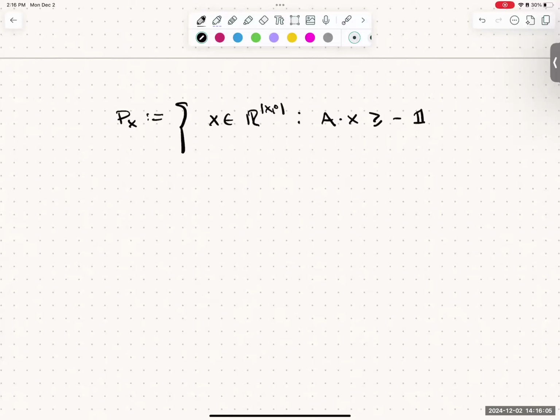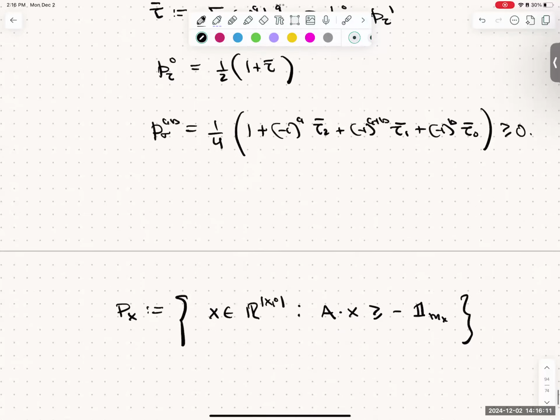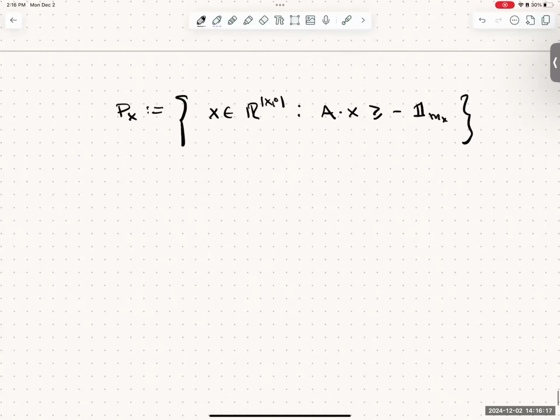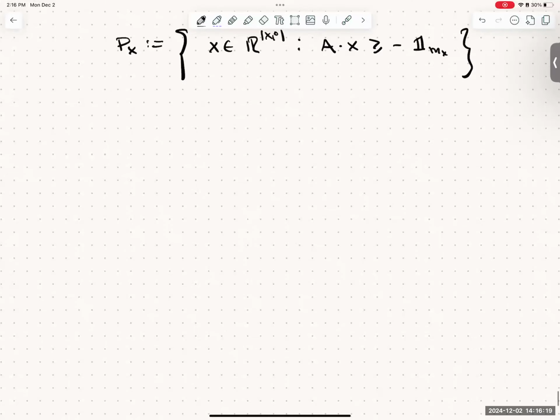This is a vector of some number mx of -1s, basically just because you're taking this one and bringing it over to the right-hand side.